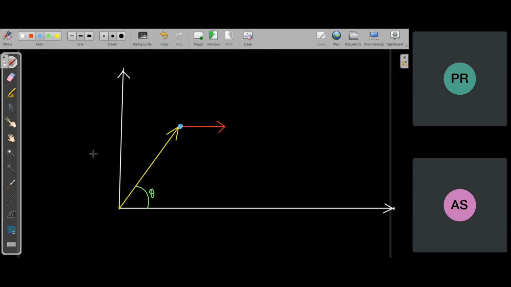Origin means the point with respect to which you are talking. That point we will call the origin. Anyway, the position vector by default starts from the origin, no?